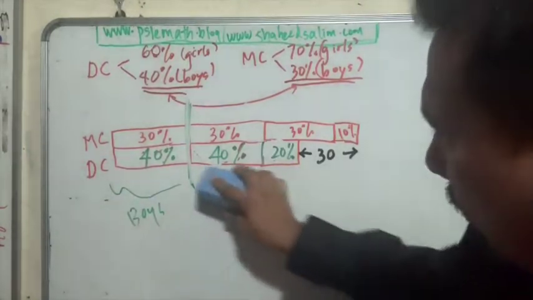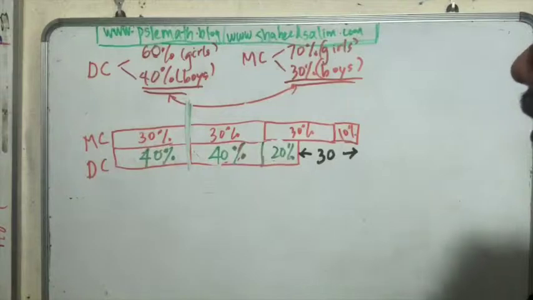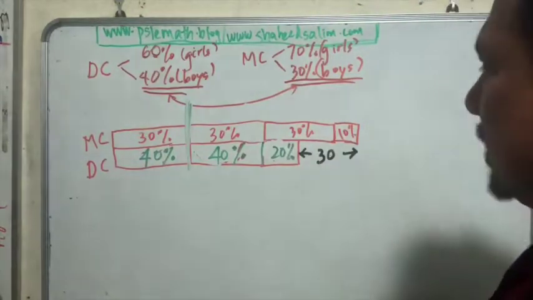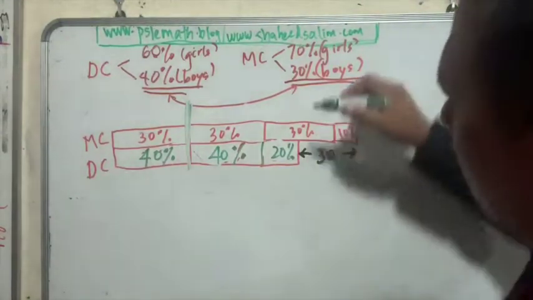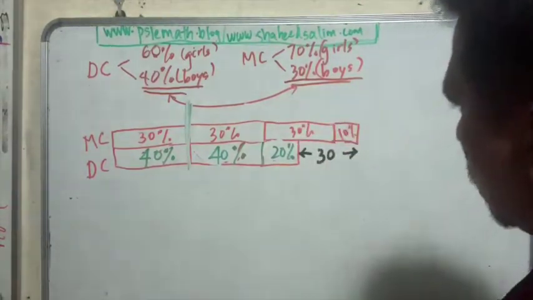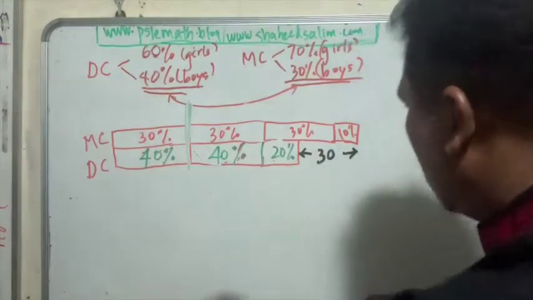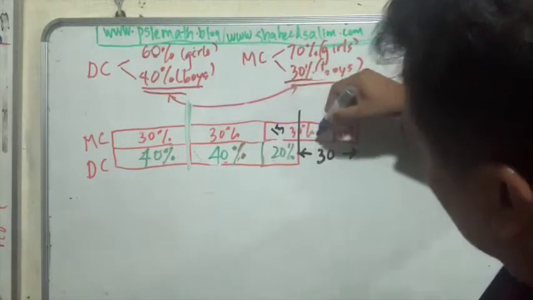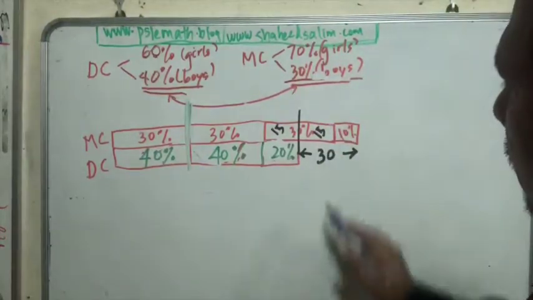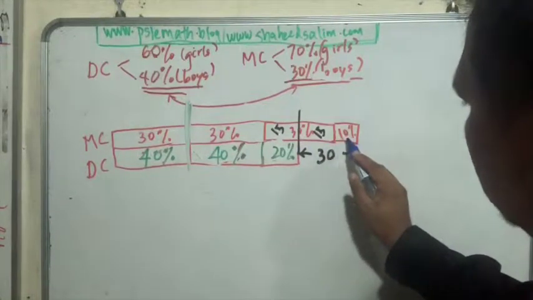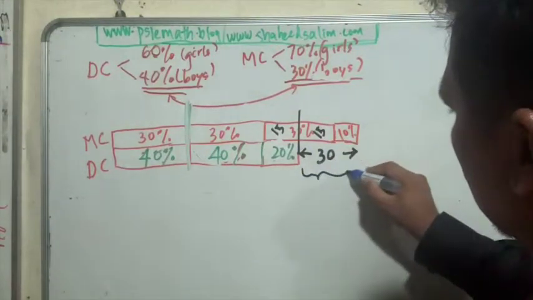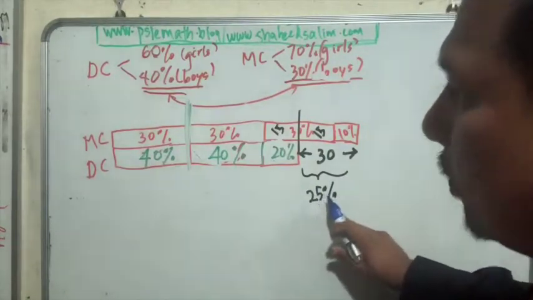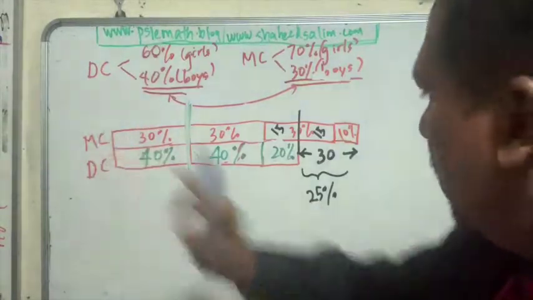I need to convert this 30% following one of the two percentages. I know that it's going to be easier for me to use the top one, because half of 30 is 15. This is 15%, this is 15%. Can you see 15% plus 10%? This 30 is equal to 25% of the membership in media club.